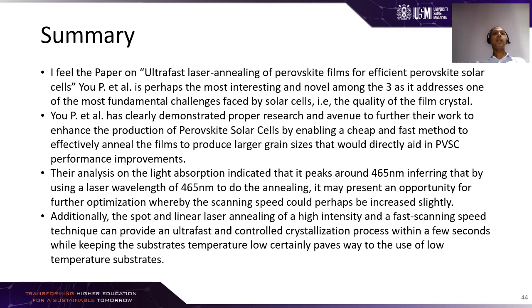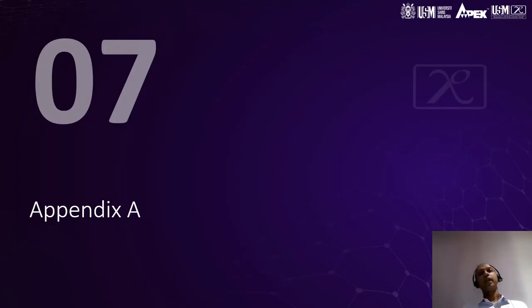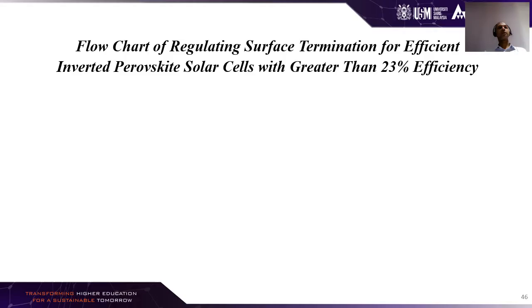Additionally, the spot and linear laser annealing with a high and fast scanning speed technique can provide an ultra-fast and controlled crystallization process within a few seconds, while keeping the substrate temperature low, which certainly paves the way for production using low temperature substrates. So anyway, these are my appendices.